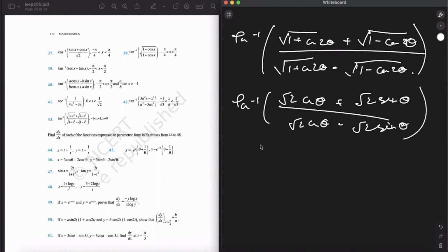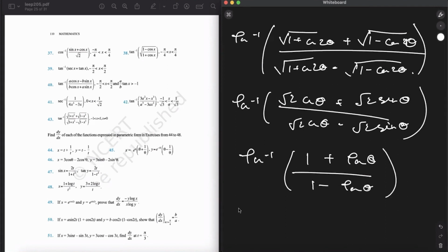And if I divide the whole thing by under root 2 cos theta, I'll be left with the simple form, so pi by 4 plus theta will be my y.